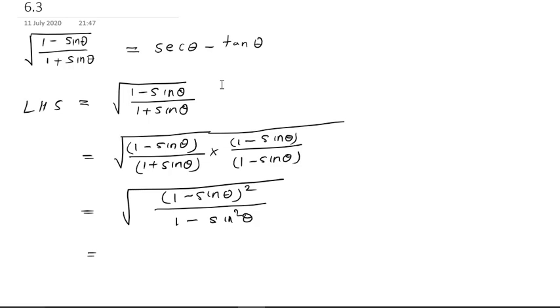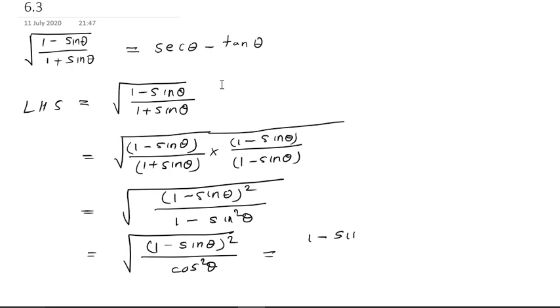So this is square root of (1 minus sin theta) the whole square divided by 1 minus sin square theta, which is what? It is cos square theta. So this will become (1 minus sin theta) upon cos theta.